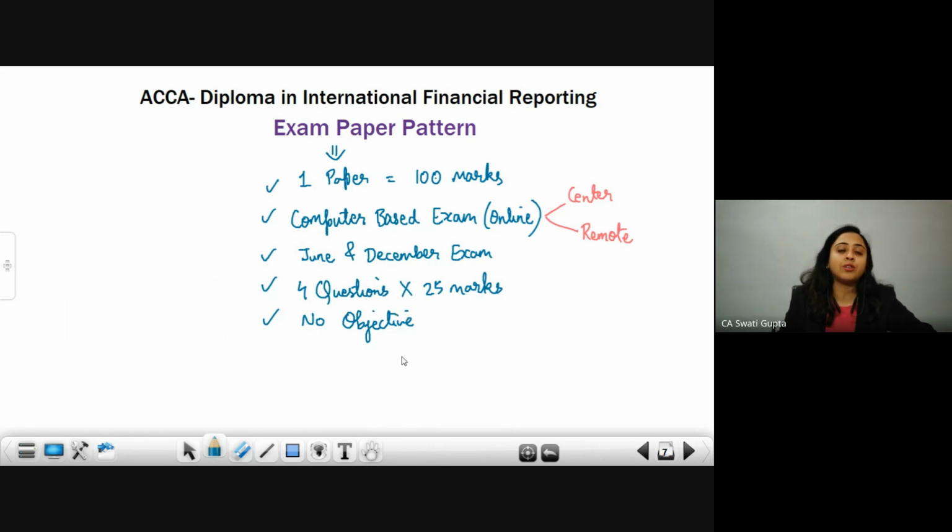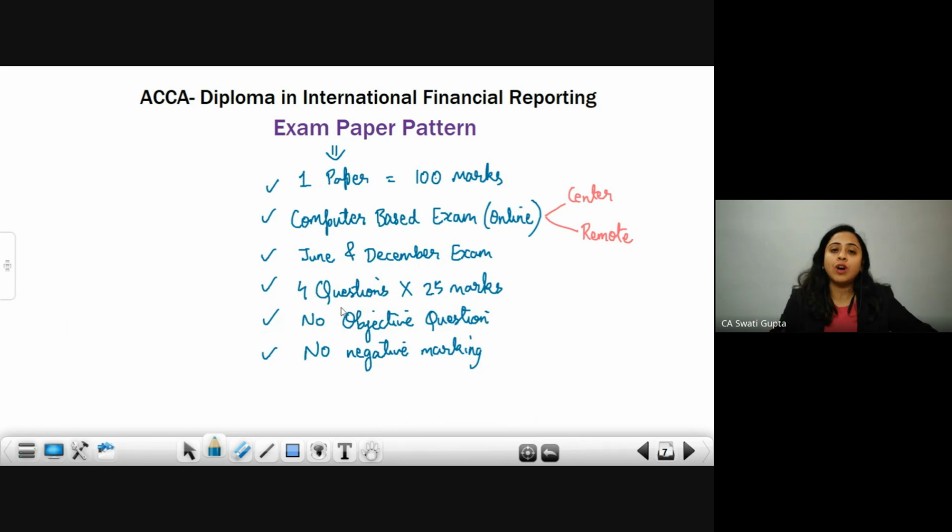Instead, you will be required to answer each and every question in detail, either in paragraph form or in Excel form. One more pointer, there is no negative marking. This 25 mark question might have 2-3 parts, but there are only four major questions.